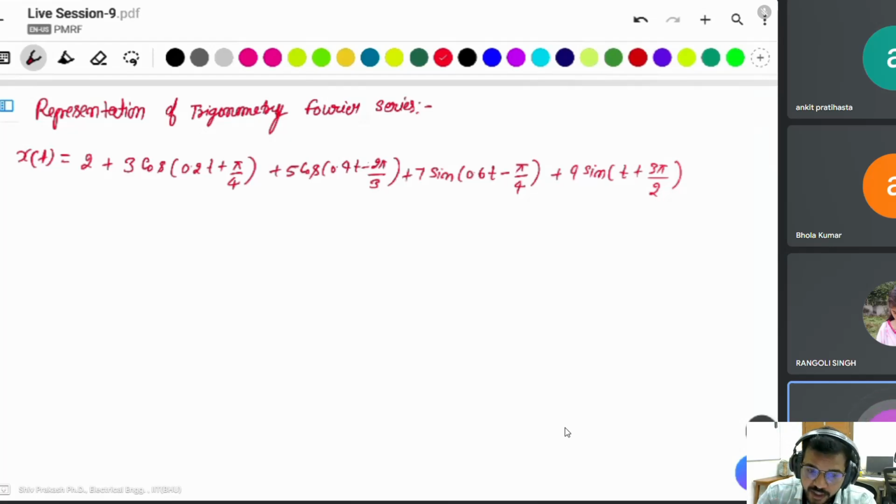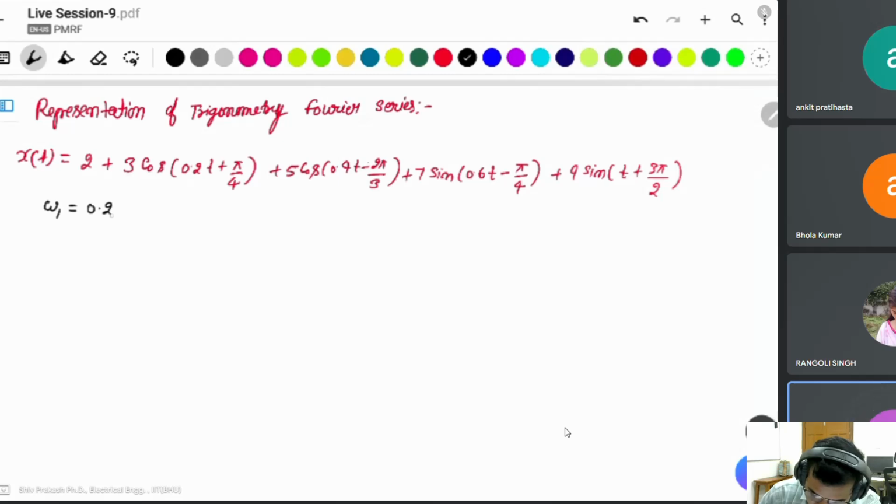First of all, find the fundamental frequency. To find the fundamental frequency of a signal, you have to find the GCD of all the frequencies.